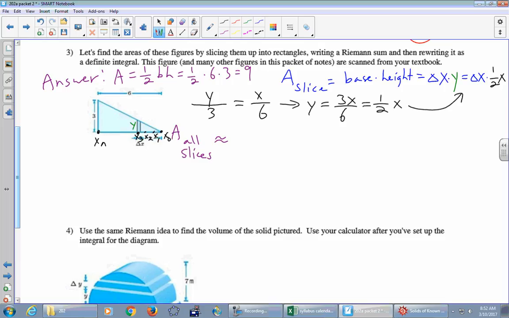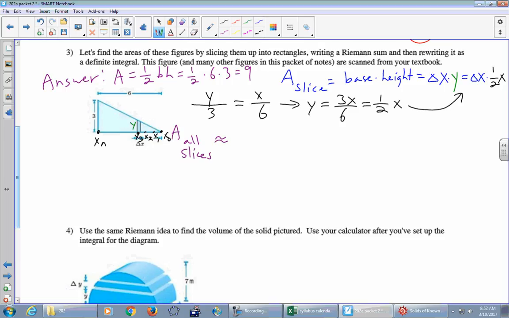And so this 1/2 x should really have been 1/2 of x3 in the picture that I've drawn there. It's really the third x that I'm interested in. But in general, it's always going to be this expression, and there's just going to be a little subscript on this x right here that's going to change from beginning to end.